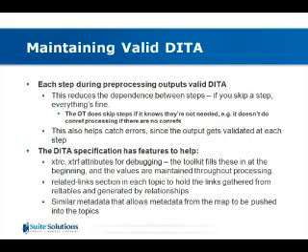So I had mentioned before, each step during the pre-processing outputs valid DITA, so that you can have a minimum amount of interdependence between each successive step. So if for some reason you skip a step, the output from the previous step could go straight into the following step, and the missing step won't cause any harm. It just won't provide the feature that it provides.